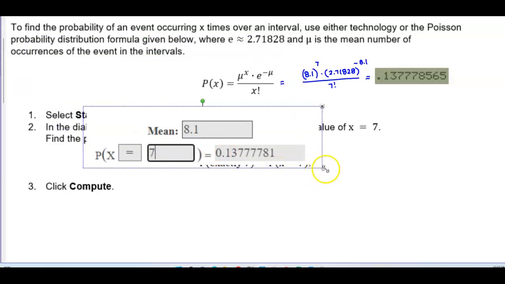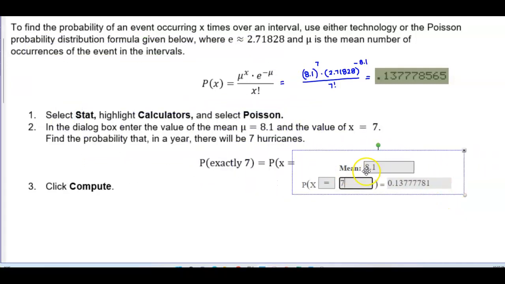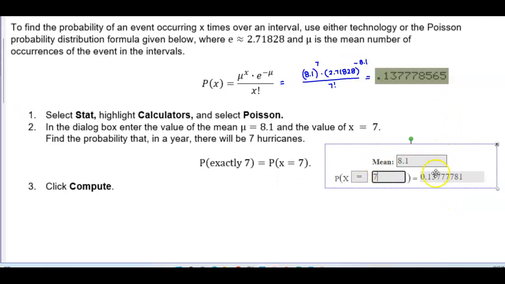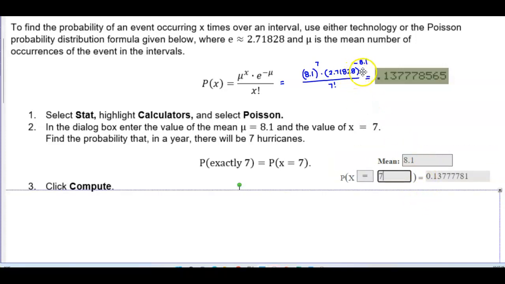So let's go ahead and then copy that. So as you can see here, it's very similar to what we have up there. Now it might be slightly different because you can see here we have 0.13777781. This is 0.1377778565. Now the reason why this one looks different than this is because the value of e, we truncated it at 8. But when you're using StatCrunch, it doesn't truncate it, it keeps going.